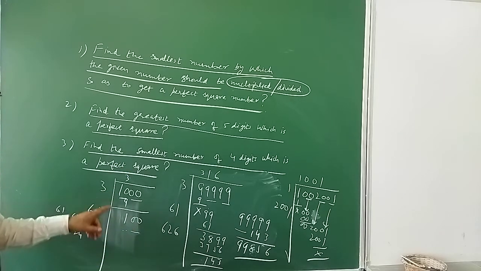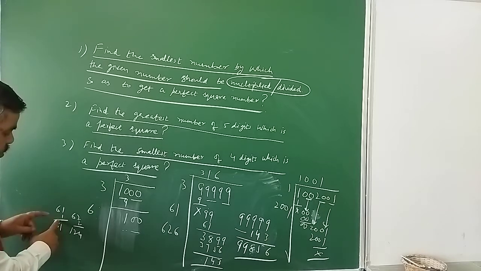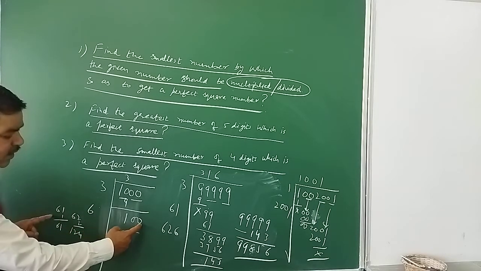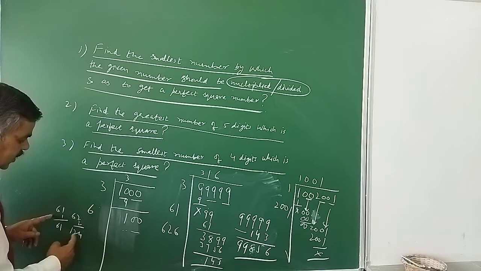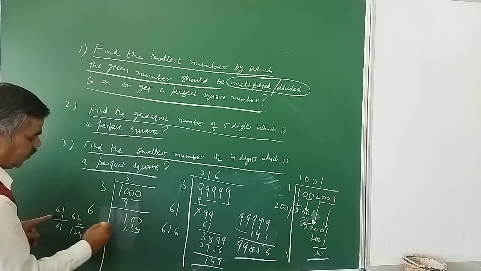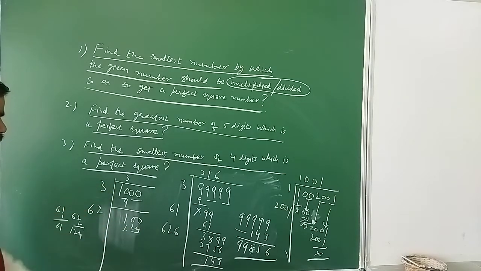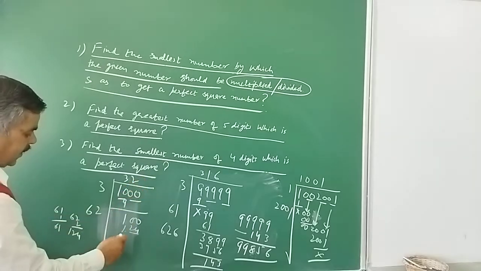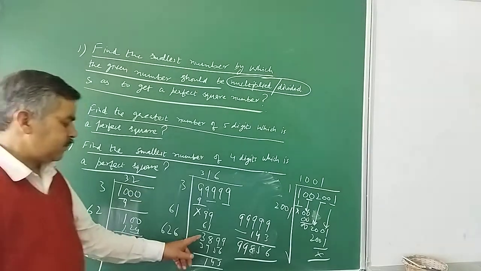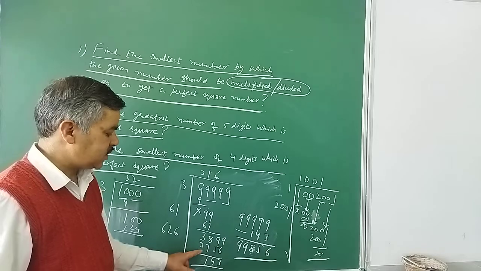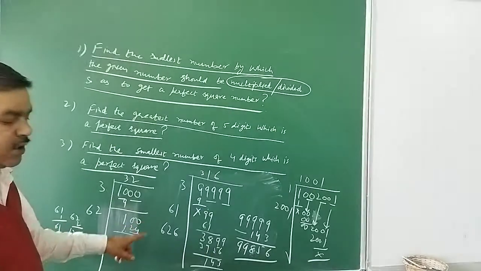So here, to make it a perfect square, you need to take the next one, that is greater than 100. Greater than 100 will be 124, so I will put 2 over there. Usually we subtract the second one from this number, but now you have to do it in reverse order.